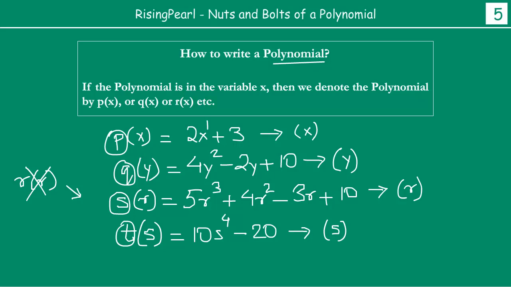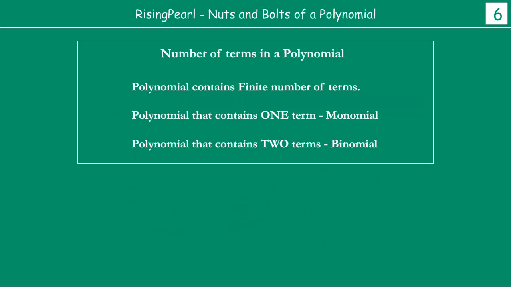Now चलिए let us keep rolling forward. अभी हम बात करेंगे polynomial and number of terms of a polynomial, right? Now this is very important point दोस्तों, to understand that polynomial contains finite number of terms. So जब भी आप कभी कोई भी polynomial लिखते हो, the polynomial must contain finite number of terms.